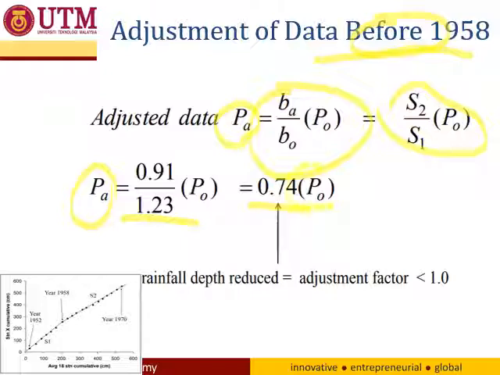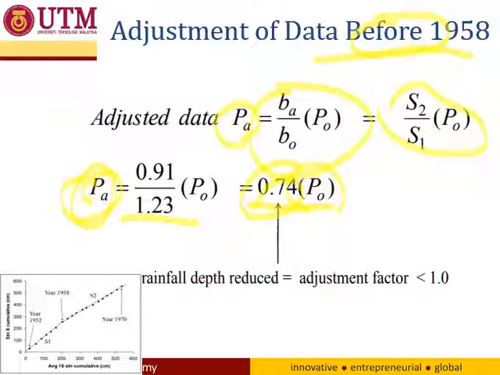PO is the original or observed data. PA is the adjusted data, the new data that we want. If you realize the slope of S2 is lower than S1, so the factor becomes less than 1 because it reduces the rainfall data. So it depends on your purpose, which data you want to adjust.